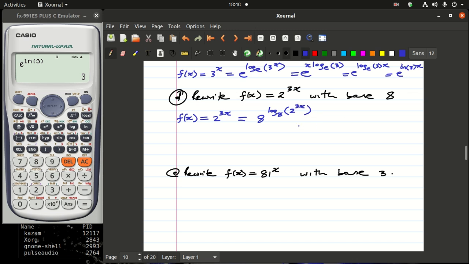Right. And if you look into this carefully, the thing inside, I'm going to still have an 8, I'm going to have a log, I have an 8 down there, and here this is the same as 2 to the power 3 all raised to x. So I have this thing here which is raised to x, because if I multiply these two, I'll get 3x.